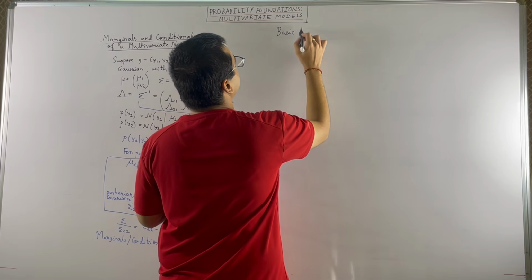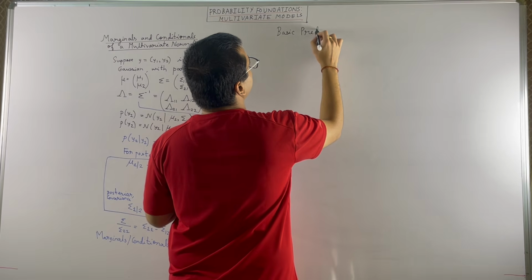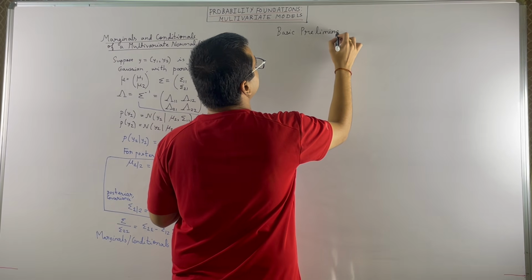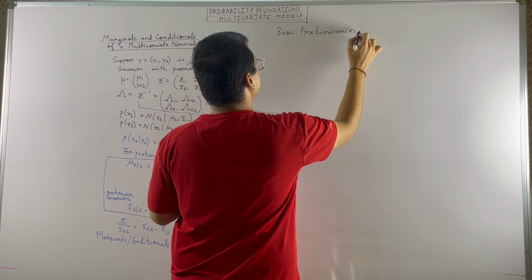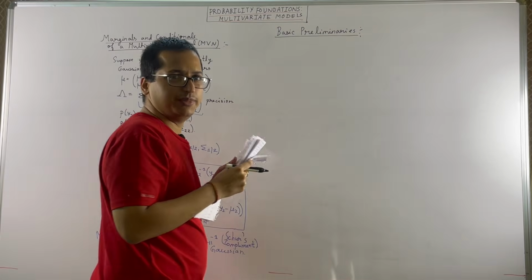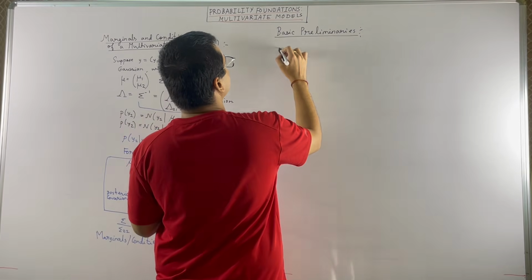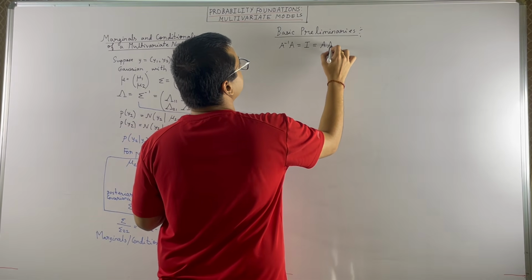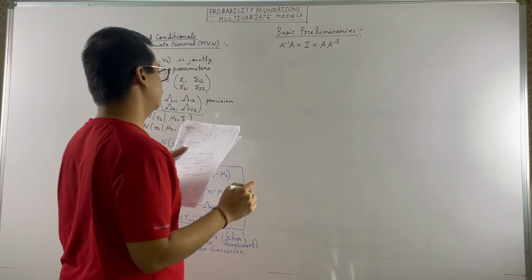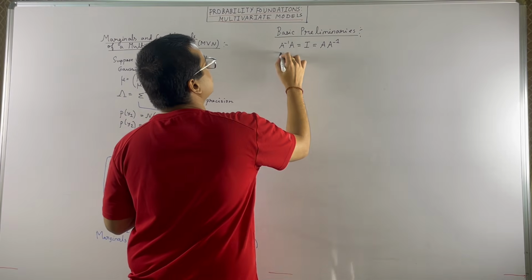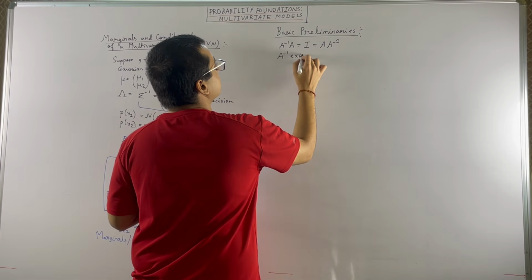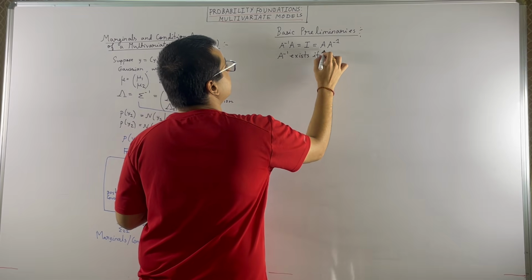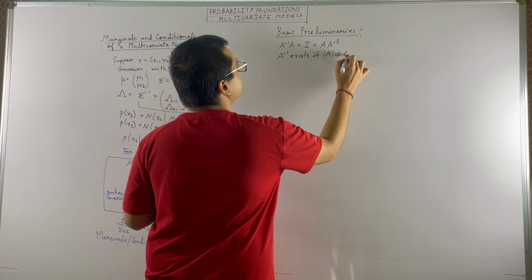Basic preliminaries, all right. I hope you all know the inverse of a matrix, right? Very basic: A inverse A is equal to I is equal to A A inverse, all right. And A inverse exists if the determinant of A is not equal to 0.